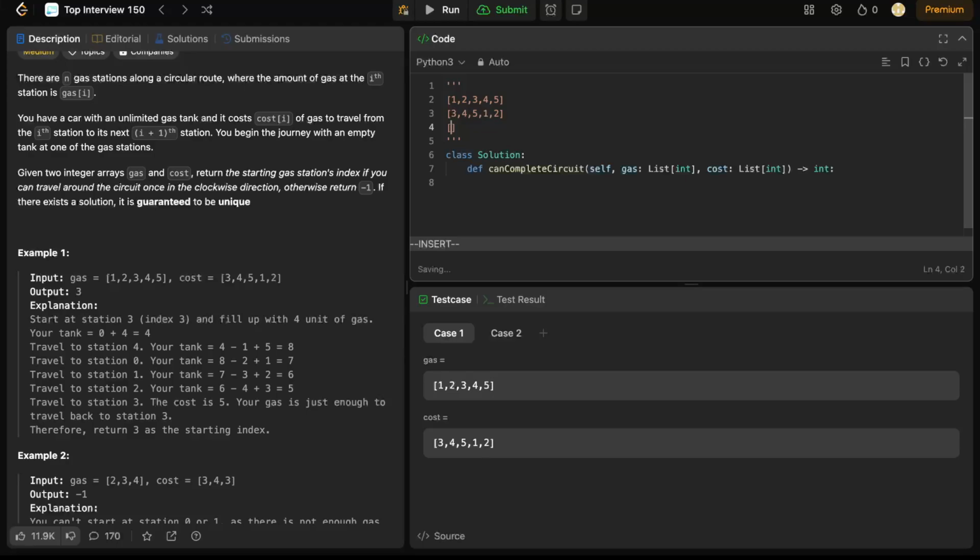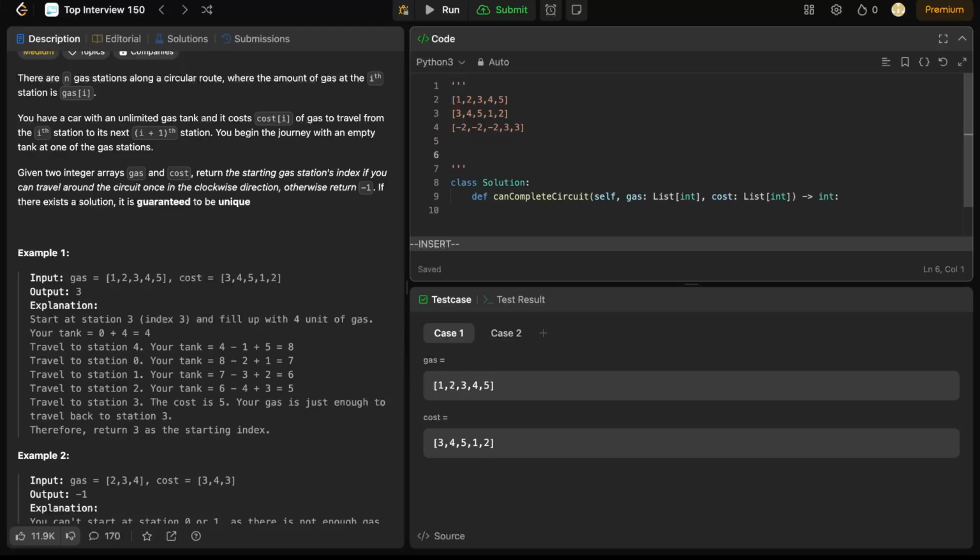So if we do this here, we get -2, -2, -2, 3, and 3. So another thing we can note here is that suppose the sum of this difference list was negative.